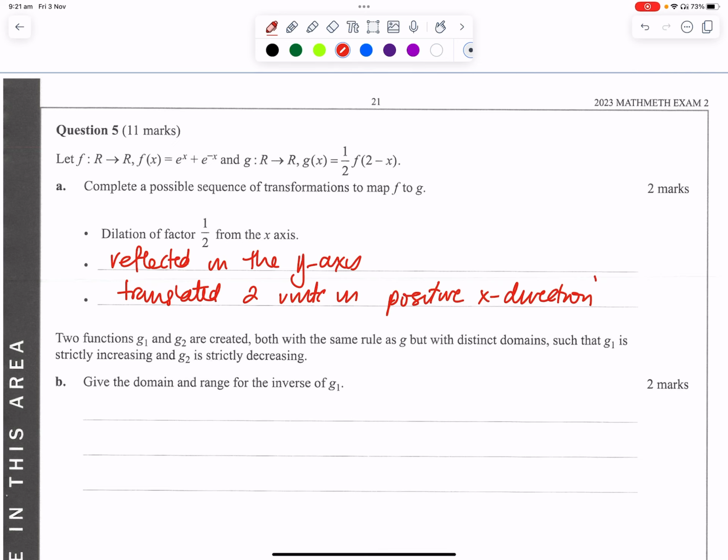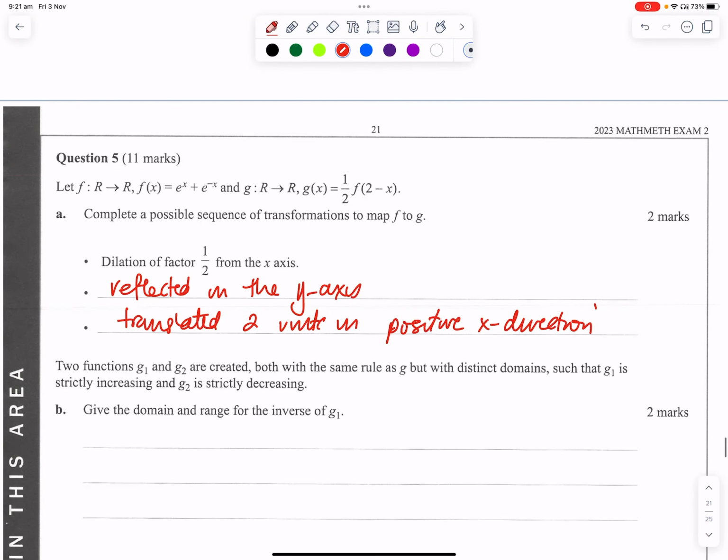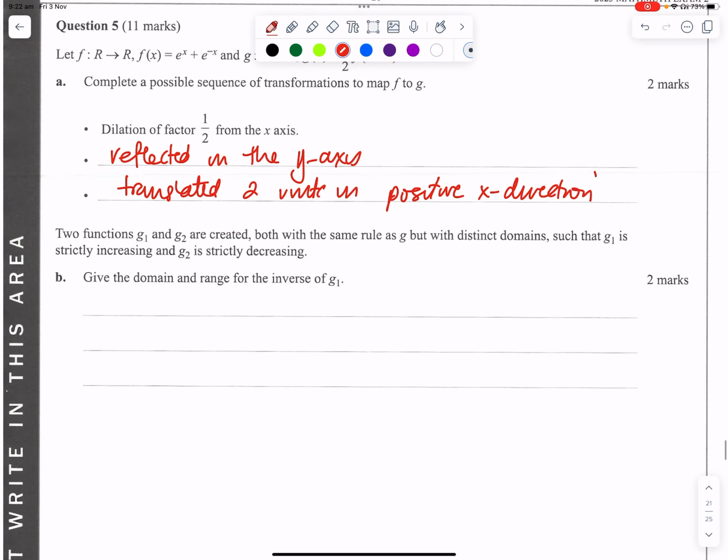Okay, the functions g1 and g2 are created both of the same rule as g but with distinct domains, such that g1 is strictly increasing and g2 is strictly decreasing.